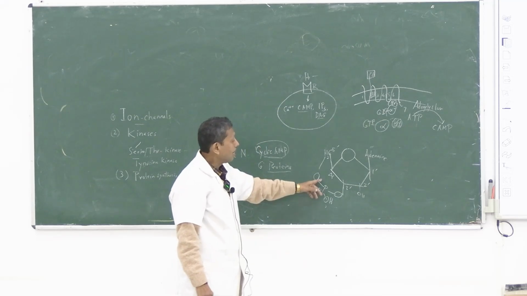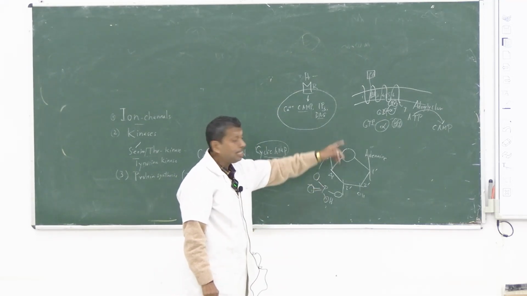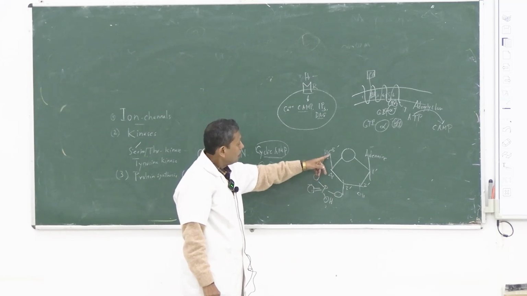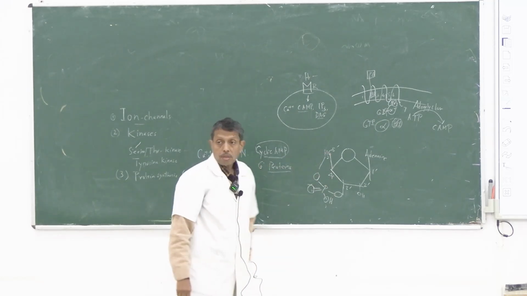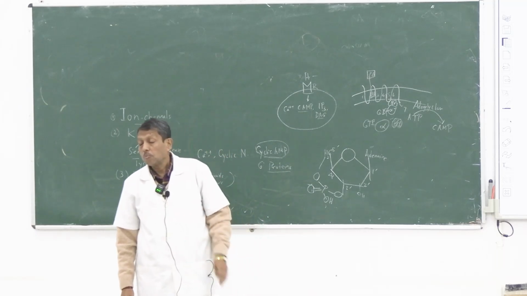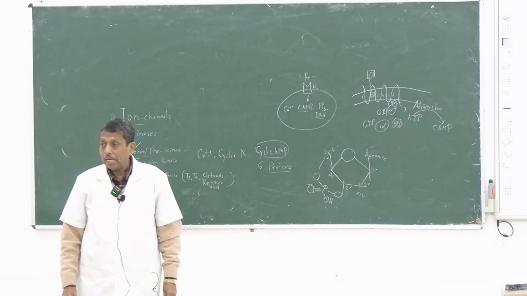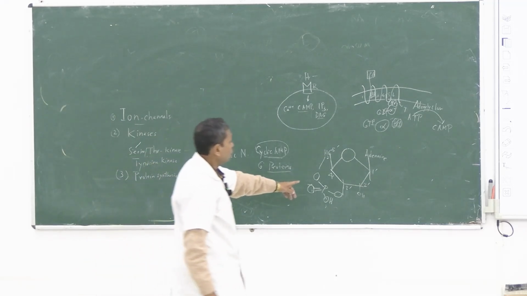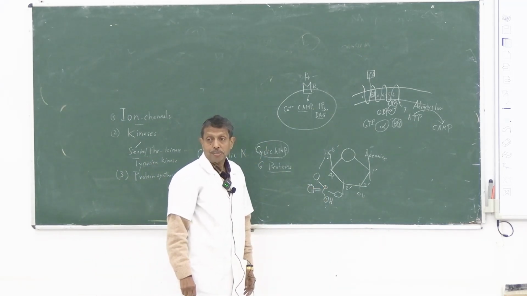Clear? It is cyclic AMP, and it is converted from ATP. In ATP, at the 5' position there are 1, 2, 3 phosphate moieties, and it gives rise to cyclic AMP by adenylyl cyclase.